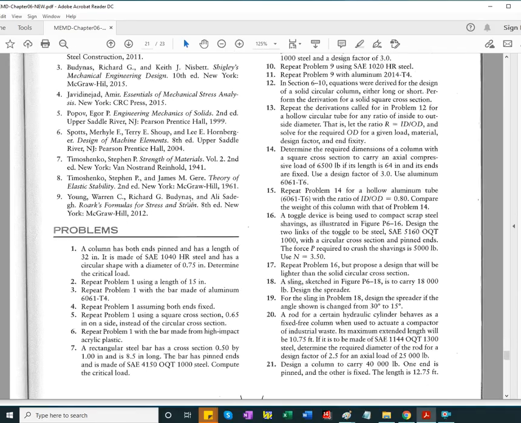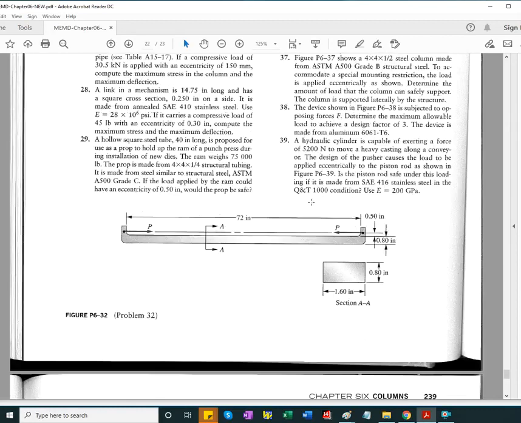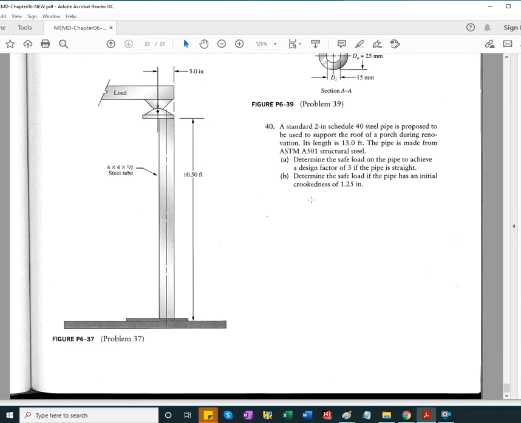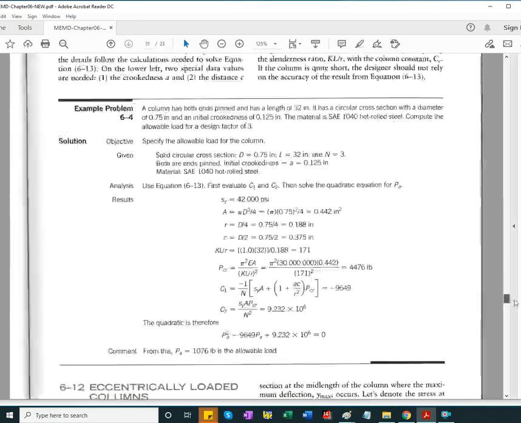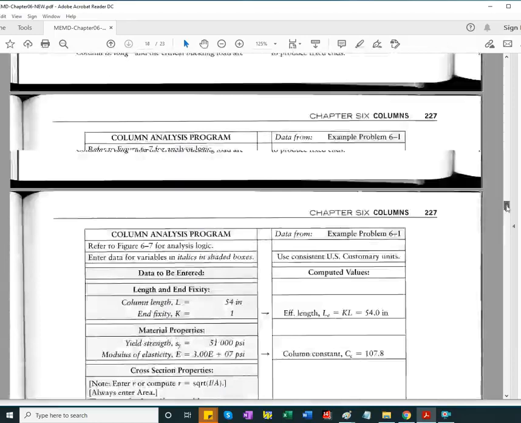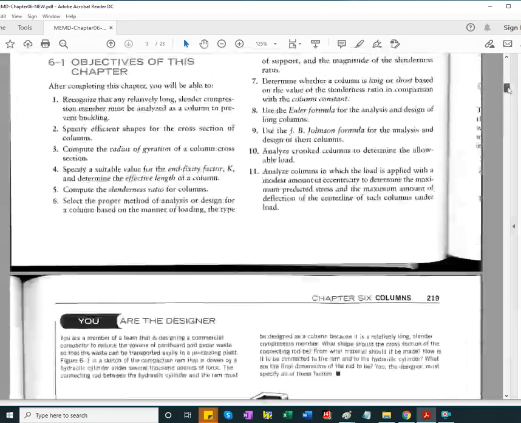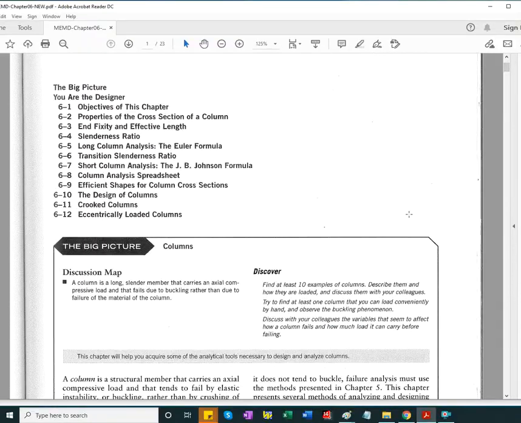Okay, so this was about it for this chapter. We're going to solve some problems. As you can see, this material is standalone and new. It's not based on earlier material like Mohr's circle, load analysis, shear force and bending moment diagrams.